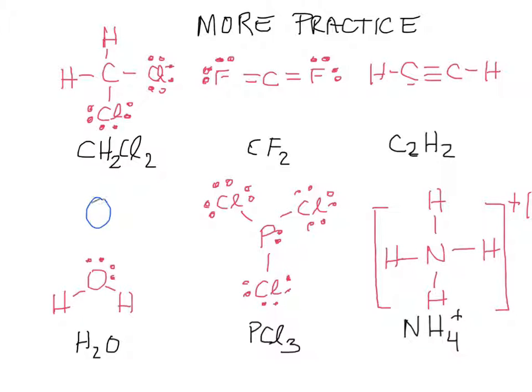We know the central atom is oxygen, and we're going to put the H here and then the other H here. And a lot of people do not put the other 2 dots here. They omit them. There are supposed to be dots here, right? Because they need them for this octet.